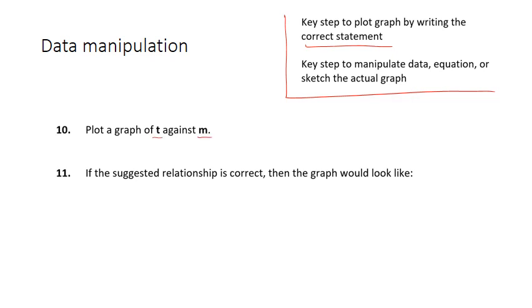T against M. And the next step is usually some manipulation of data based on the equation given to you at the very start. Now you realize, of course, in this question, there is no such equation, but in some other questions, you may be asked to either talk about the gradient, or you may be asked to find the y-intercept based on the equation given to you.